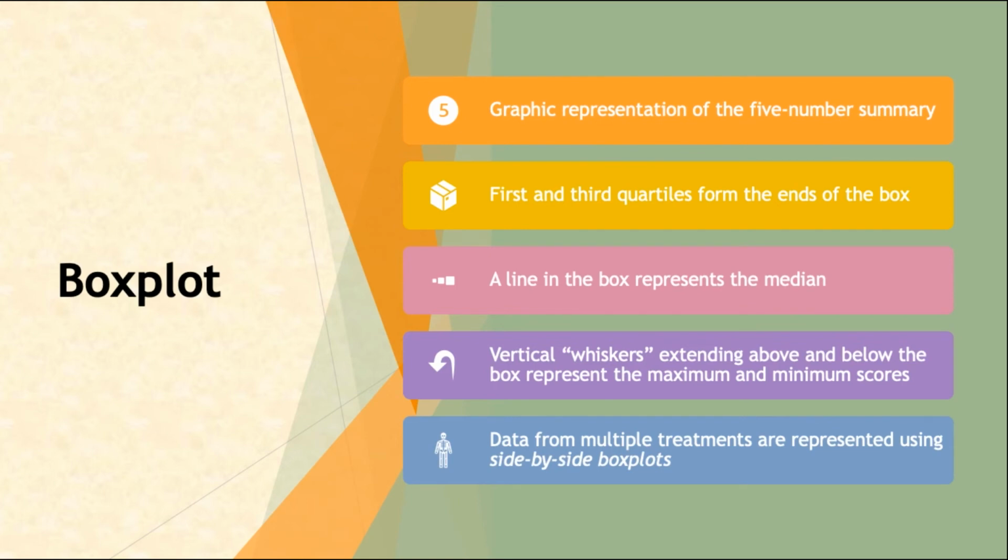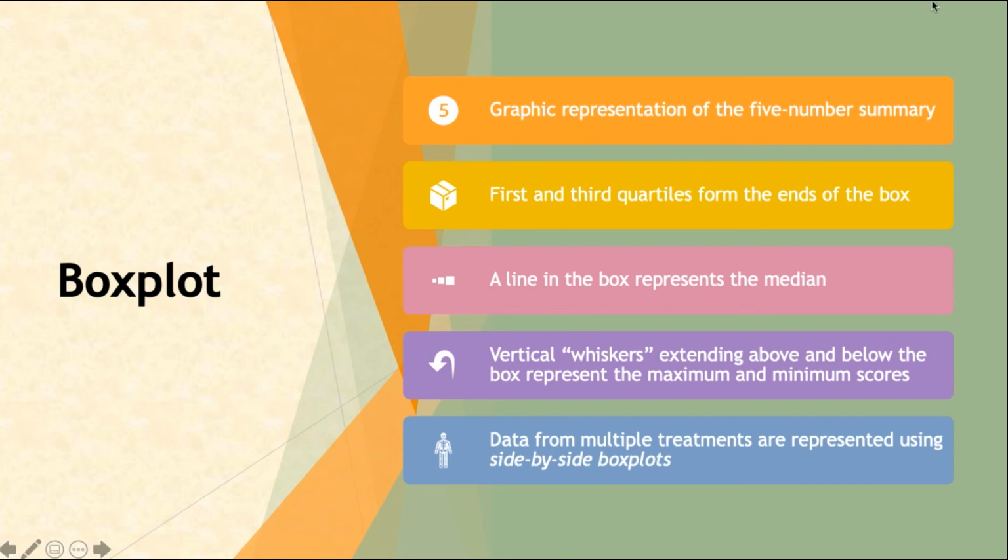So now we talk about the box plot. An even better approach is to display the five number summary as a box plot. It is a graphic representation of the five number summary.